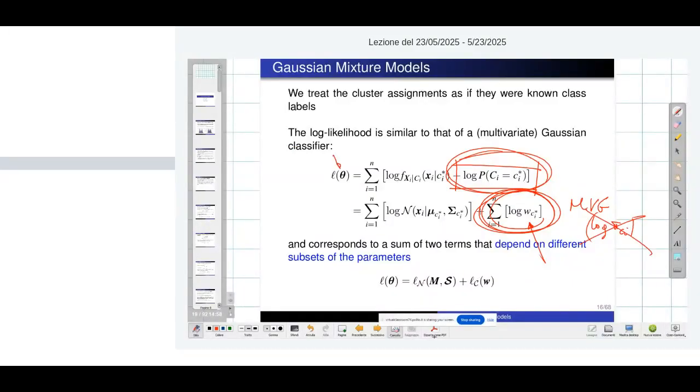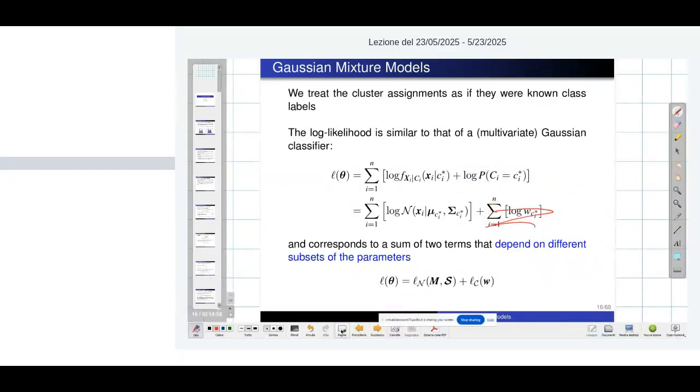But apart from this, we can observe that we have two parts here. The second part depends only on the weights of the components, and the first part depends only on the parameters of the Gaussian components.